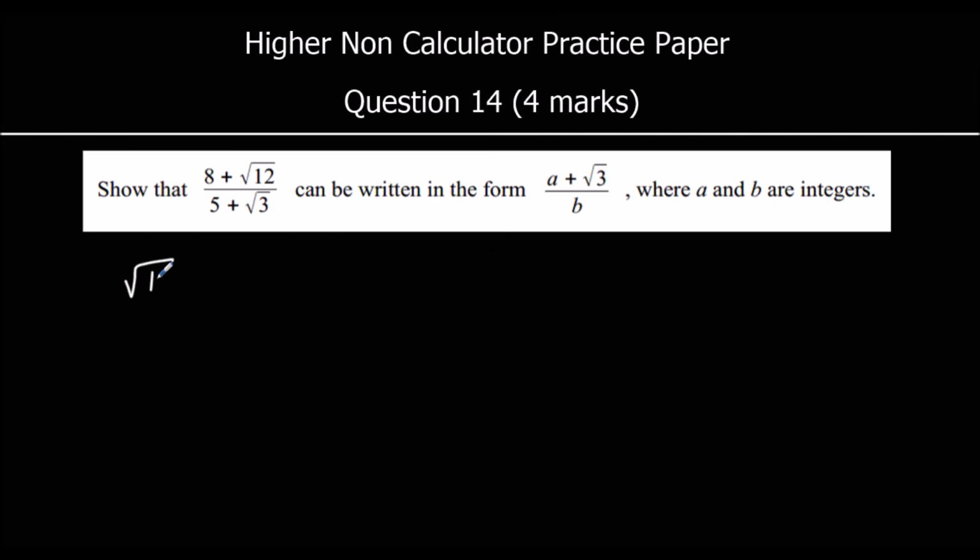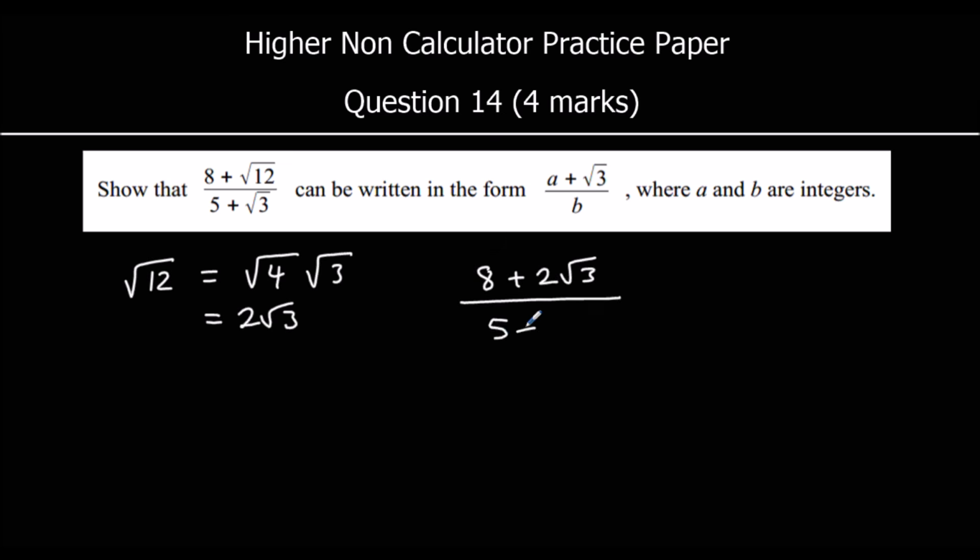Square root 12 is the same as square root 4 times square root 3. Square root 4 is 2, so that's the same as 2 root 3s. So I'm going to have 8 plus 2 root 3s over 5 plus square root 3.